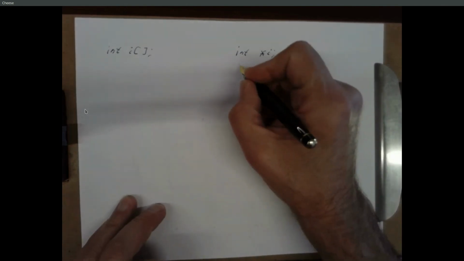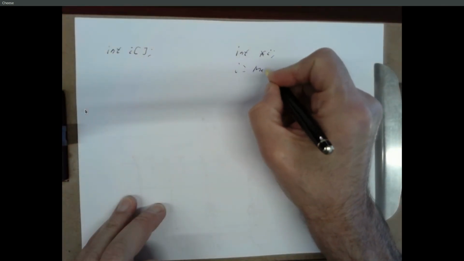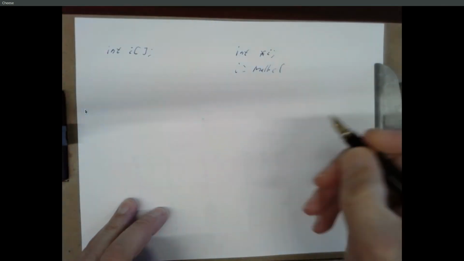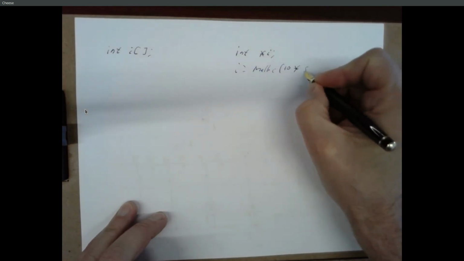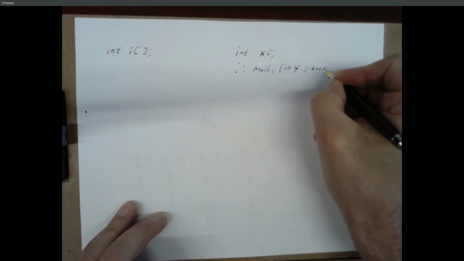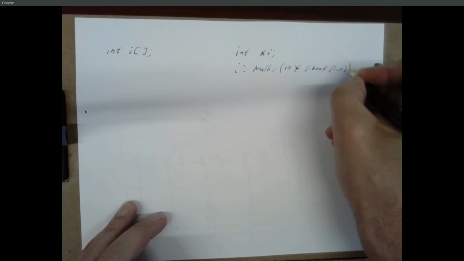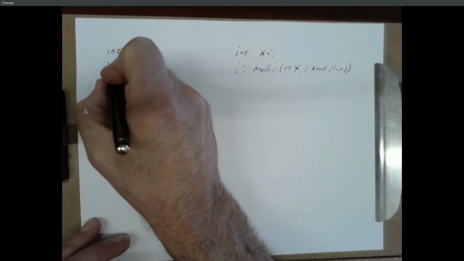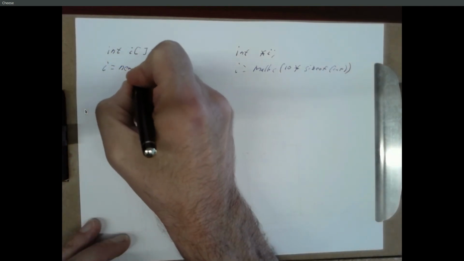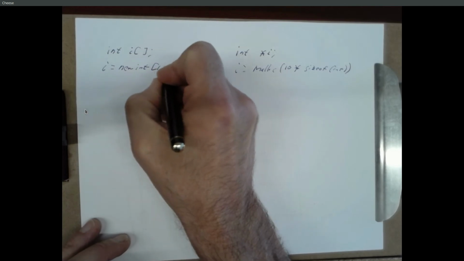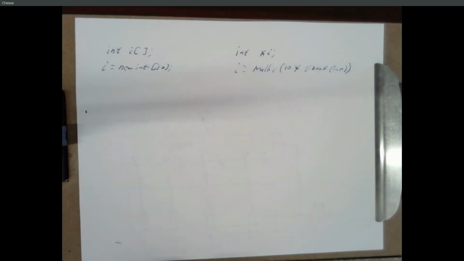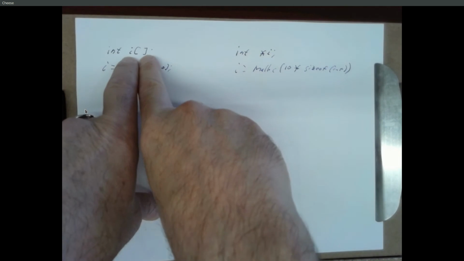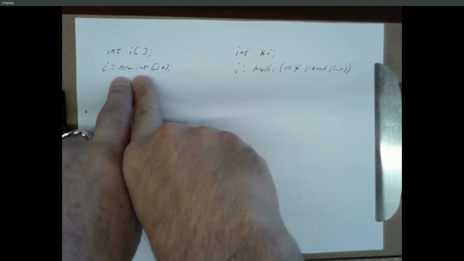So in C, what do we say? I equals malloc 10 times size of integer. Over here we say I equals new int bracket 10. So that's a declaration, that first line. This is actually constructing an array of integers.